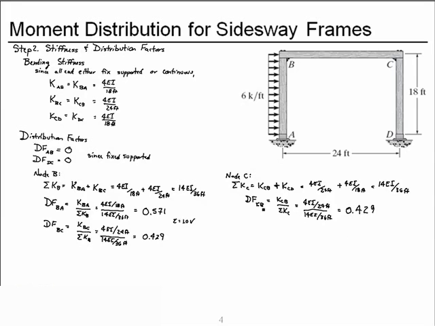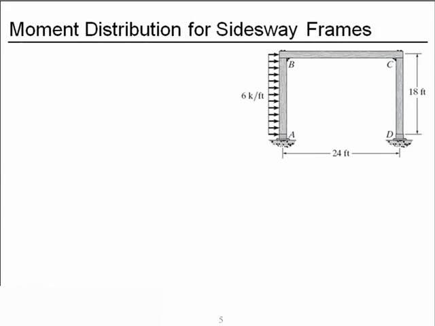Distribution factor for CB is 0.429. The distribution factor CD, for 4EI over 18 feet divided by 14EI over 36 feet, is the one that will give us 0.571, and of course these add to 1.0, and so they check as well.